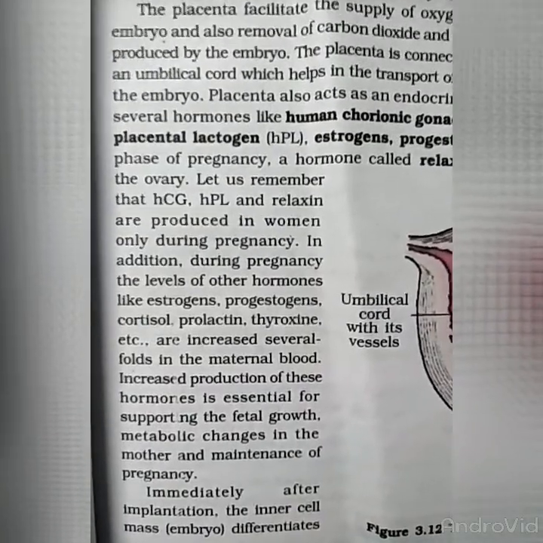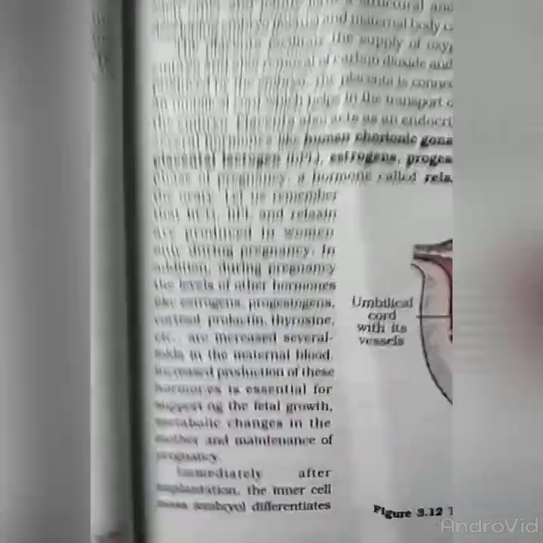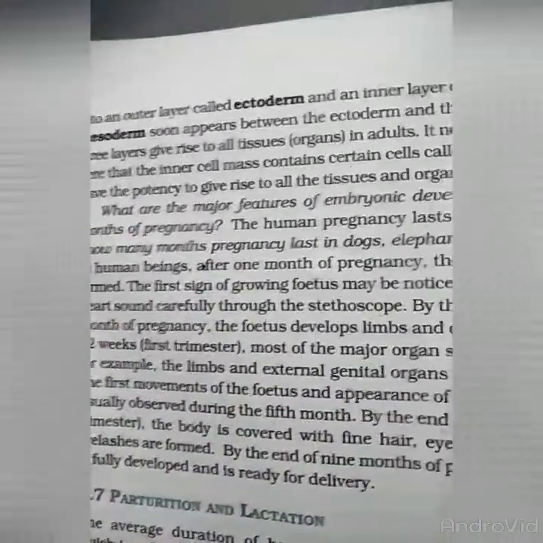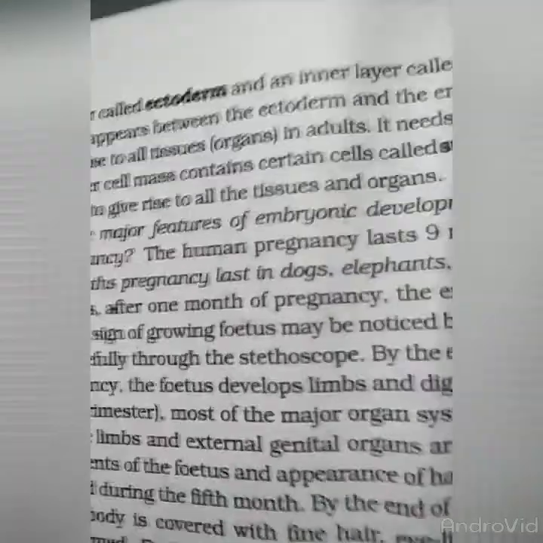Immediately after implantation, the inner cell mass, that is the embryo, differentiates into an outer layer called the ectoderm and an inner layer called the endoderm.